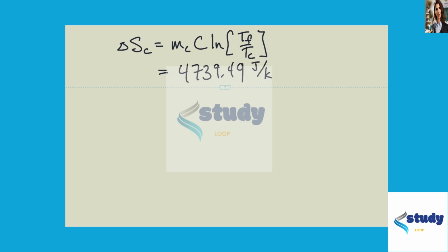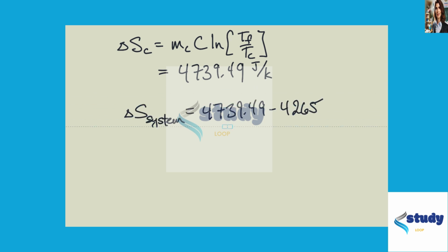So the entropy of the cold water went up, which we'd expect, because we better get a net positive number for the change in entropy of the system. If we take 4,739.5 minus 4,265, we get that the total change in entropy of the system is 475 joules per Kelvin.